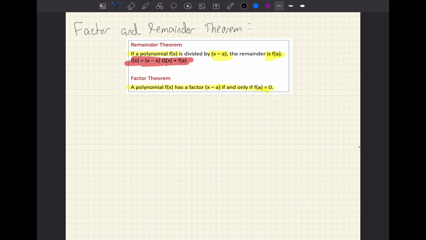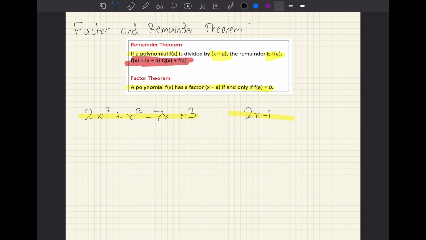Say we have the polynomial 2x cubed plus x squared minus 7x plus 3, and let's say the factor is 2x minus 1. The question says that this is a polynomial and this is a factor, and asks us to show using the factor theorem that this is indeed a factor.